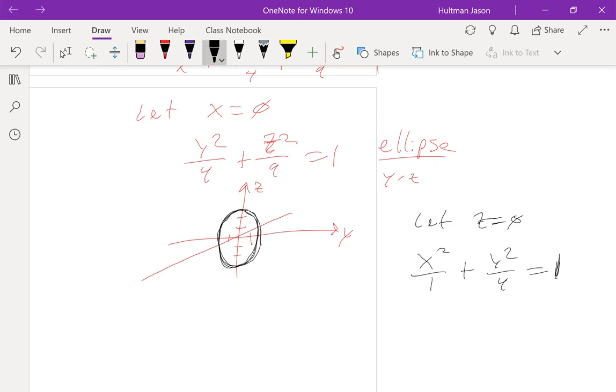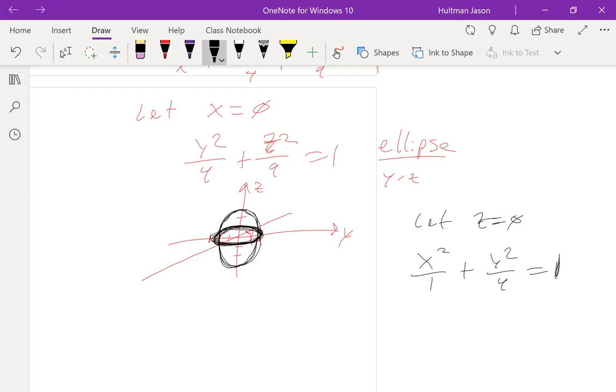What does that tell me? That tells me that I'm going to go out 1 in the x direction. This is still an ellipse, but I go out 2 in the y direction. So it's this ellipse now. Interesting.